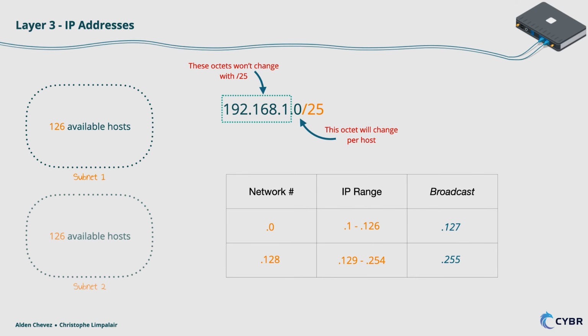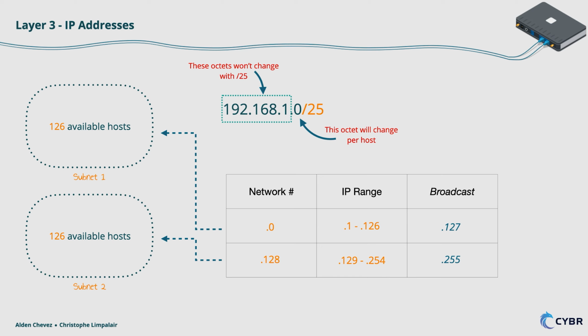hosts. We say that because /25 breaks it up into 2 different subnets. You have network number 0.0 and network number 0.128. The network number of 0.0 has an IP range of 0.1 to 0.126, and then it's got a broadcast address of 0.127.